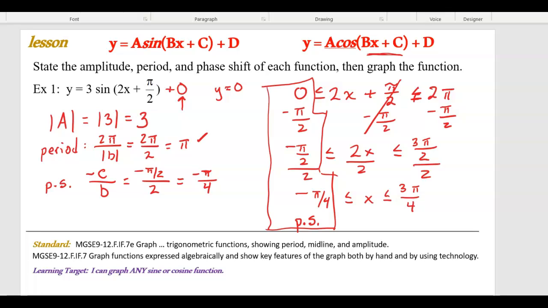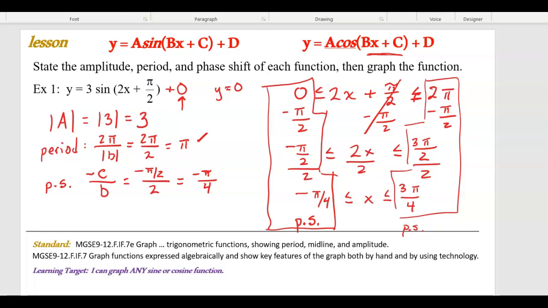When we graph, initially we started at 0, but now we're starting at the phase shift of negative pi over 4. So the phase shift is where you start the graph. Over here is actually the phase shift, which is negative pi over 4, plus the period.